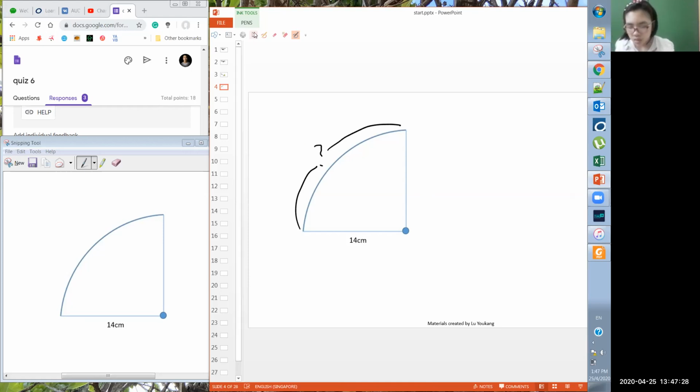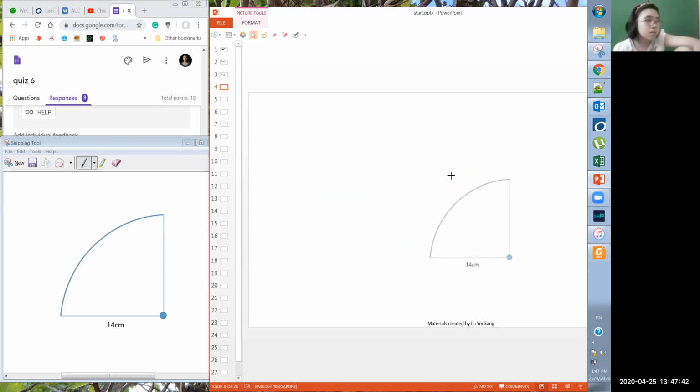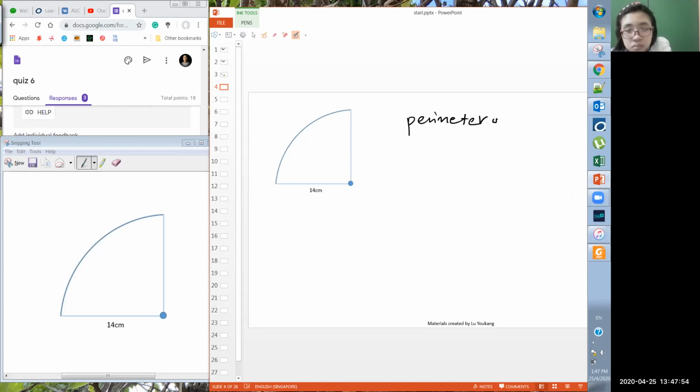What is the perimeter of circle formula?